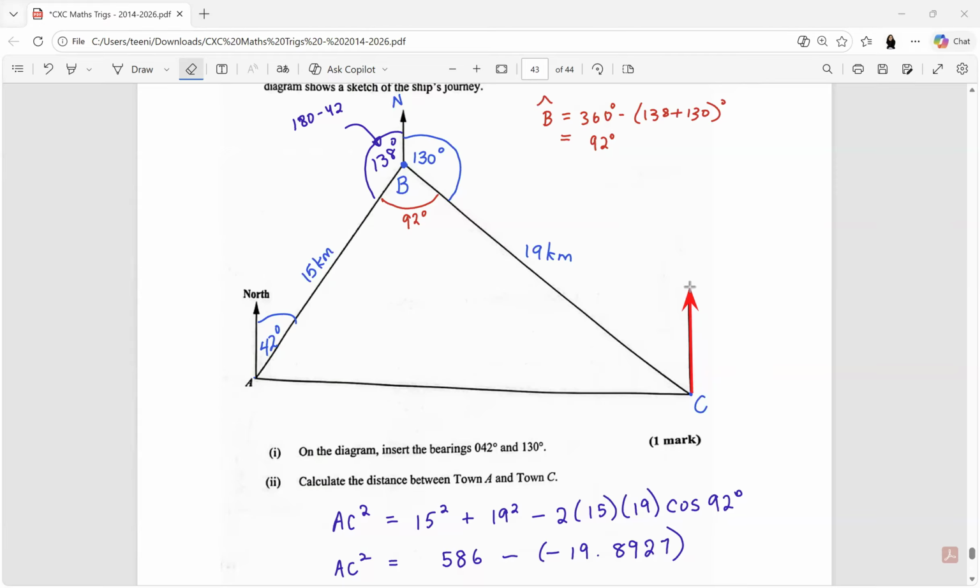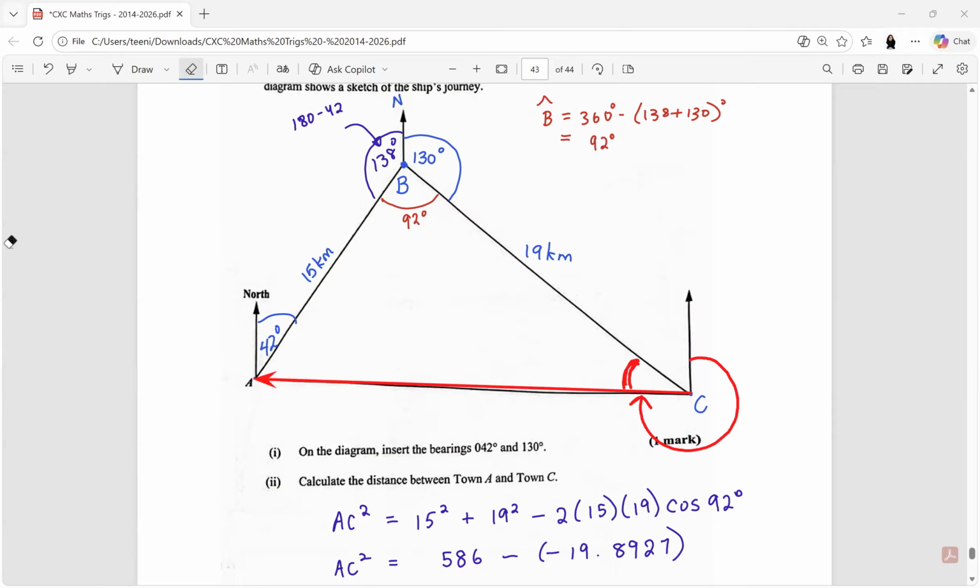That means you're starting here and you're going all the way around till you reach A. So therefore, the bearing of A from C is going to be this full angle that I just showed you, right? This is the bearing of C from A, not this angle, right? The angle on the outside is the bearing of A from C, sorry. Okay, so let's see what we got.